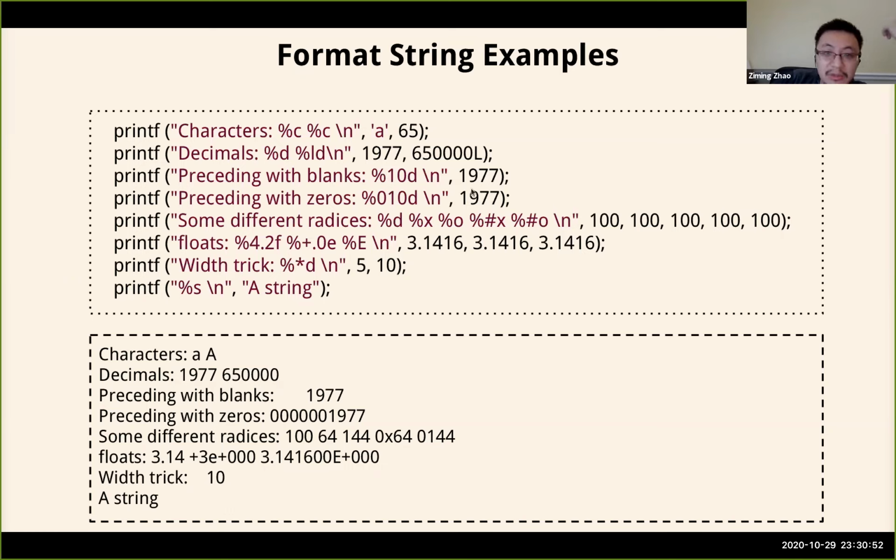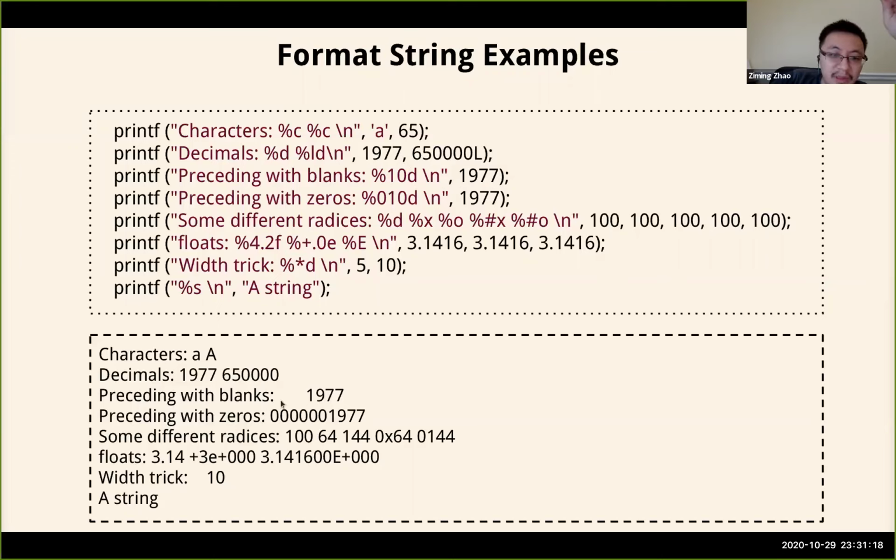So we print out 1977, and before that there will be 6 white spaces. Actually 7, because here there is another white space. This one will be faithfully printed out. Then this one will be the whole thing. The 1977 will be replaced by 1977 with at least 10 characters.